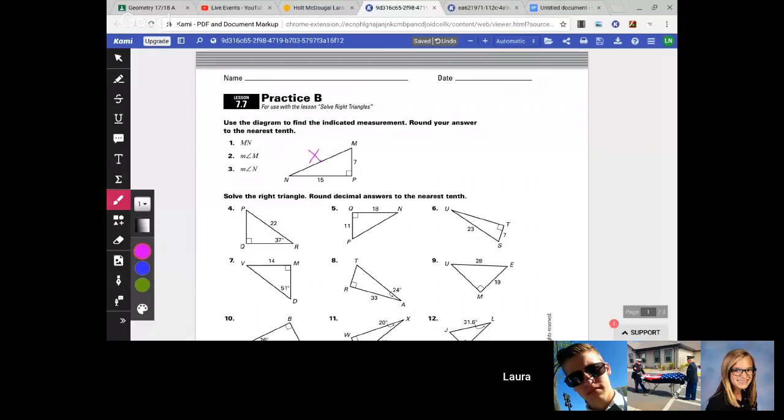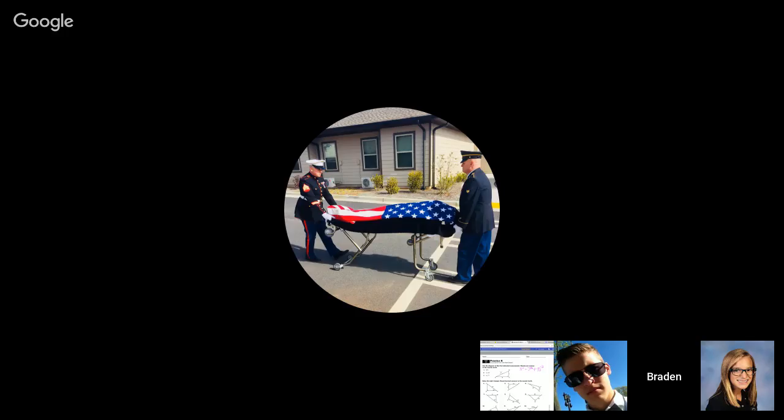MN is the hypotenuse, so by itself on one side: 7 squared plus 15 squared.